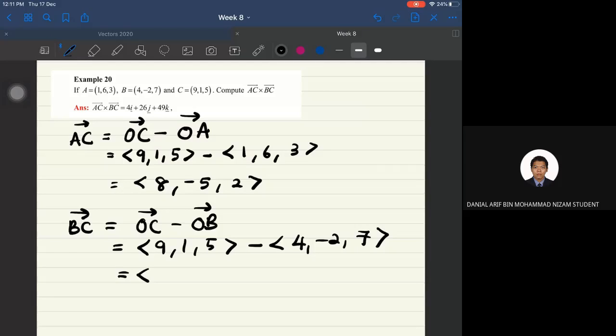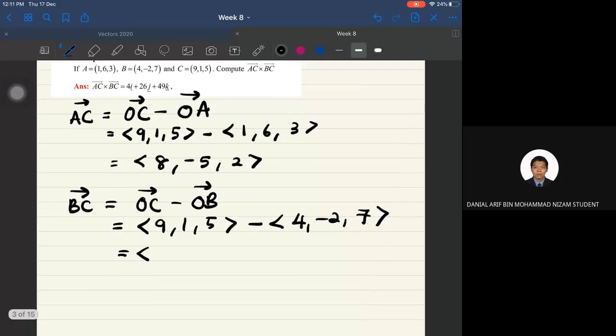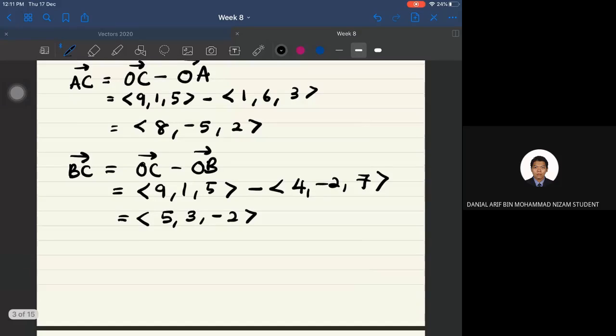So that you will have your BC is equals to 5, 1 minus minus akan jadi plus, so 1 plus 2 is 3, 5 minus 7 will give you negative 2. Okay, so now you dah ada dua vector, so you boleh apply cross product.